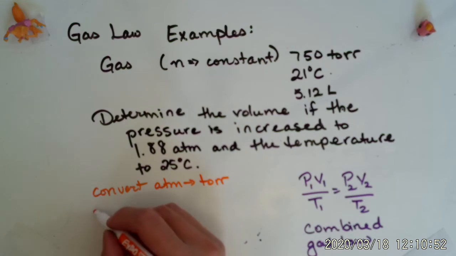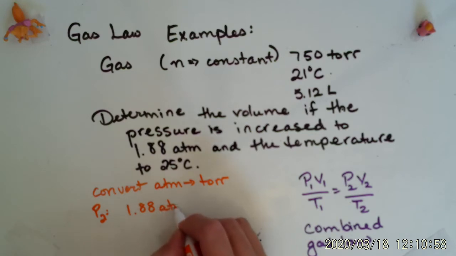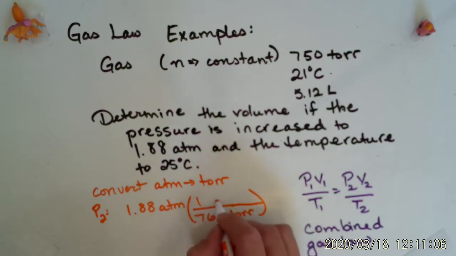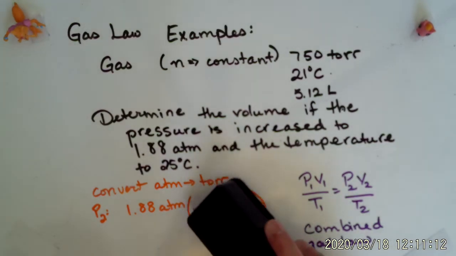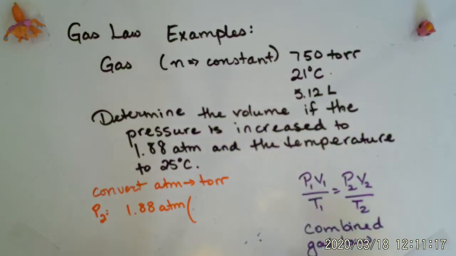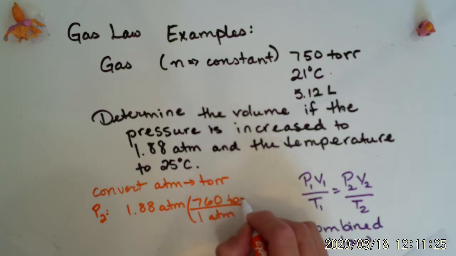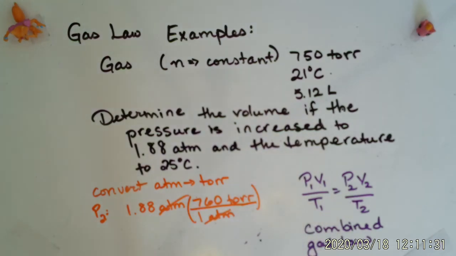For P2, it's 1.88 atmospheres, and we know there are 760 torr in 1 atmosphere. Oop, I did it upside down, didn't I? That's not converting to torr. My units would have been atmospheres squared divided by torr. What kind of units is that? So make sure you keep an eye on your units, since they help you to determine whether you set up the question correctly.